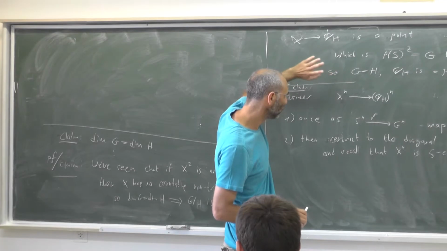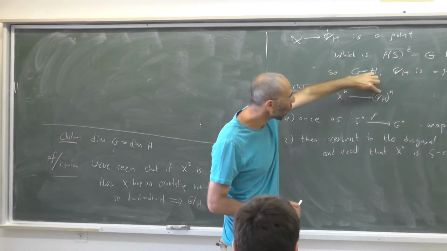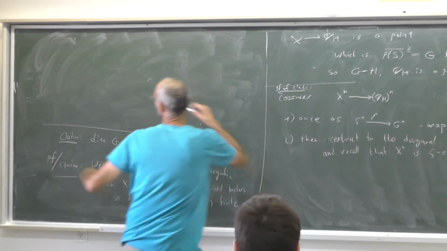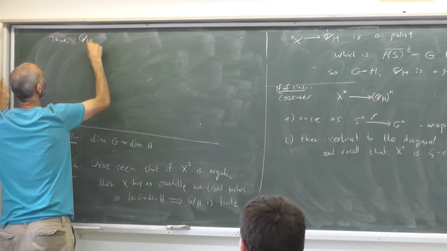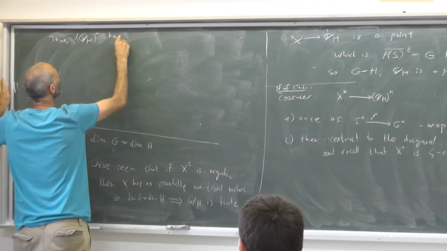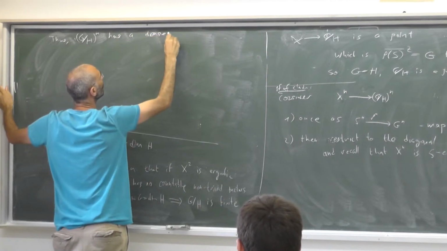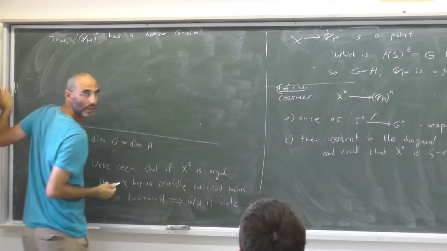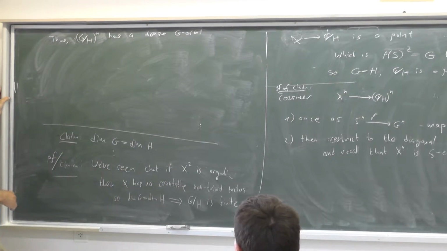But now, again, we push the measure here. We hit one G orbit in here, but this G orbit, now, G mod H to the n has a dense G orbit in it. The image is put on one orbit and it must be dense.